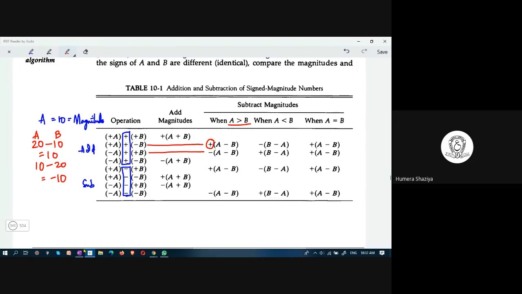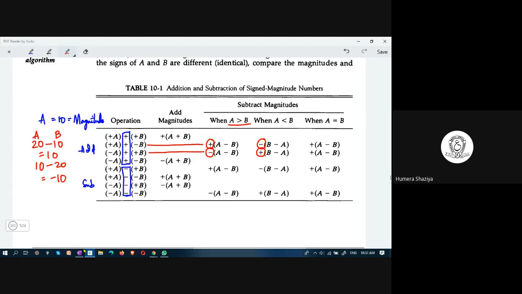If A is negative and greater, the result would be negative. When A is less than B, and A is positive and B is negative, the result is negative. And when A is less than B and A is negative, A is having minus sign, the result would be positive.